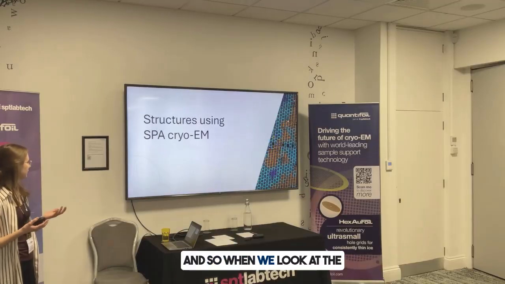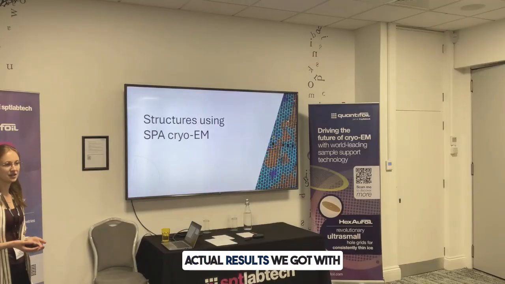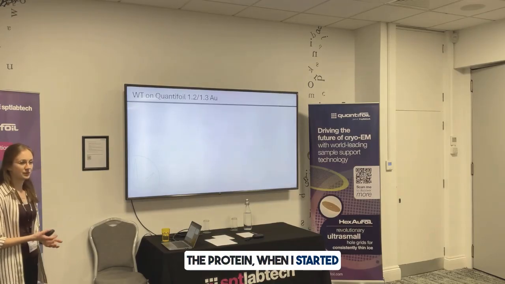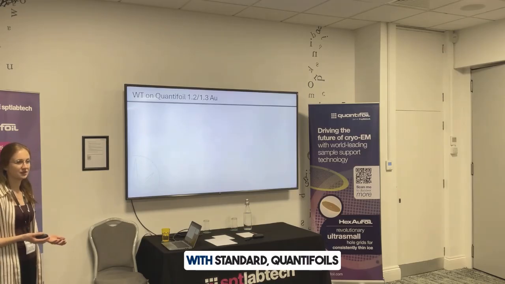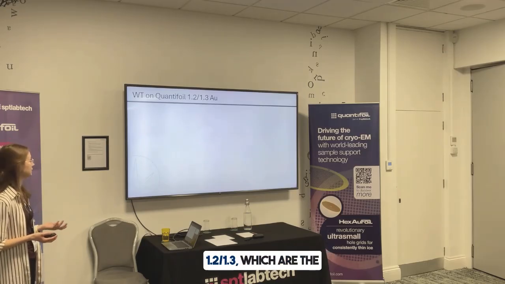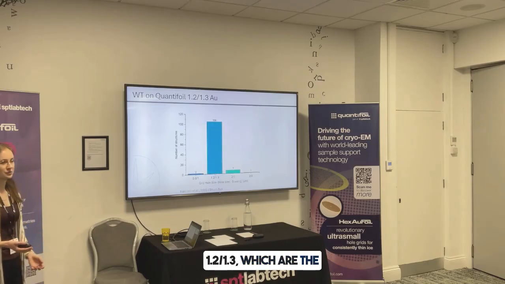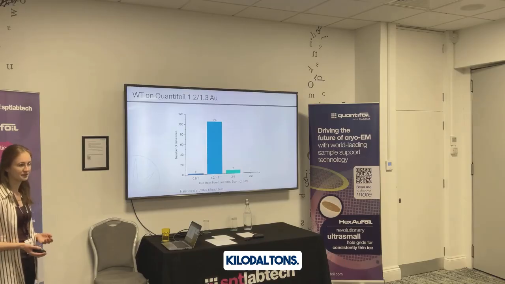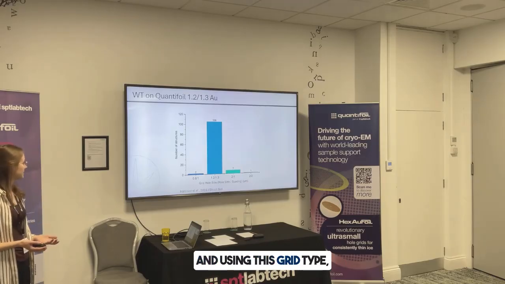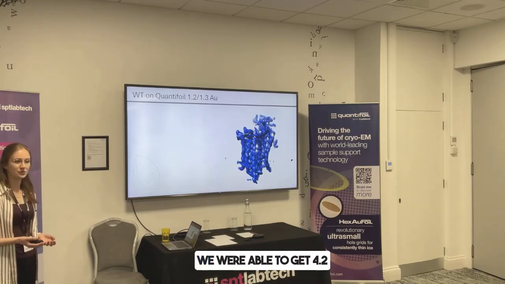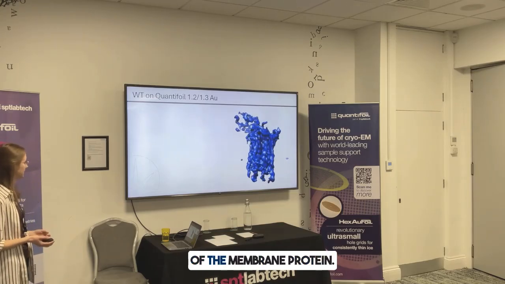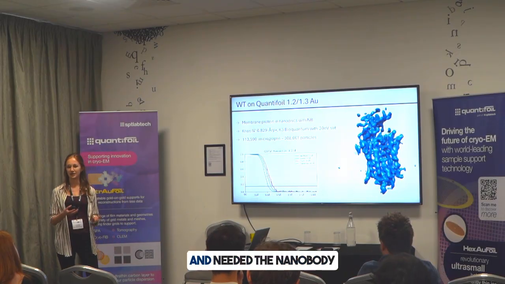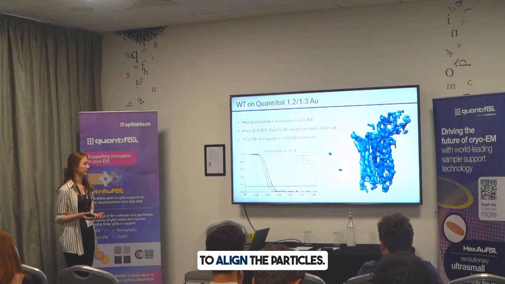When we look at the actual results, we started with standard Quantifoils 1.2, 1.3, which are the most common grid type for membrane proteins under 100 kilodaltons. Using this grid type, we were able to get 4.2 angstrom resolution of the membrane protein. The protein was reconstituted into nanodisks and needed the nanobody to align the particles.